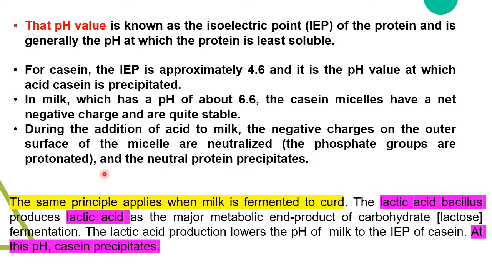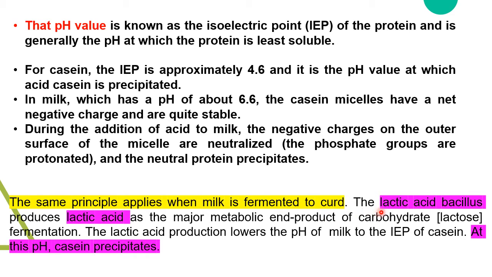The phosphate groups are protonated, and the neutral protein gets precipitated. Neutral protein, no net charge, so it gets precipitated on the addition of acid. When the pH of 6.6 is lowered, it helps in precipitation of the protein. The same principle applies when milk is fermented to curd.